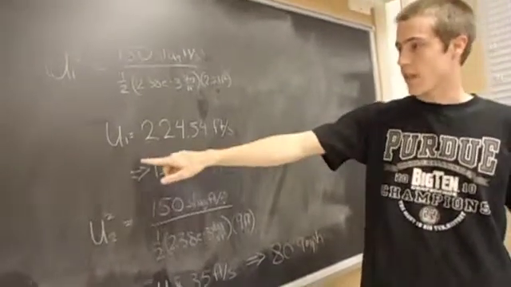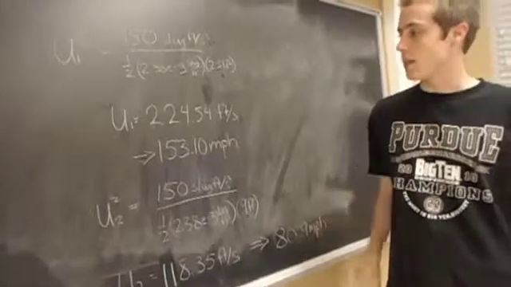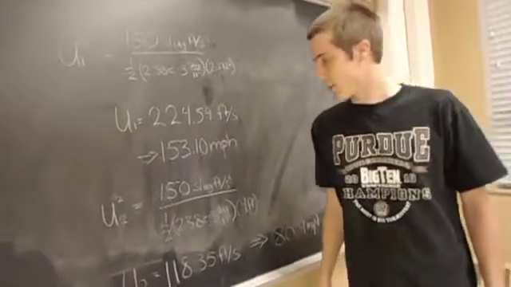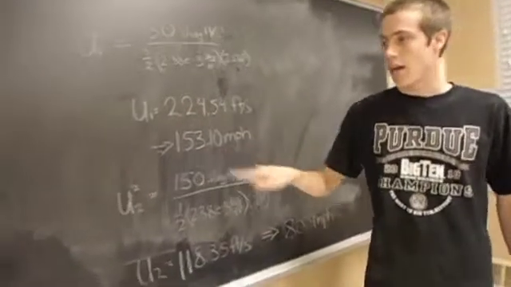And for the case where the skydiver is curled up, you can find that the speed is 224 feet per second, which is about 153.1 miles an hour.